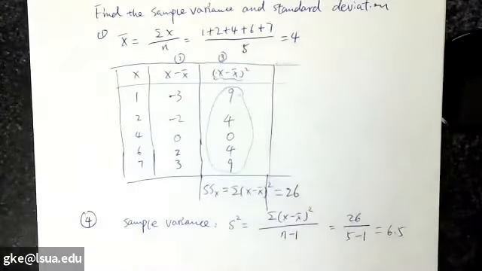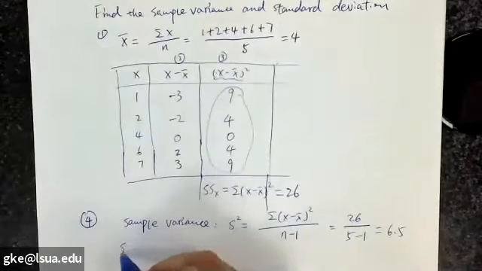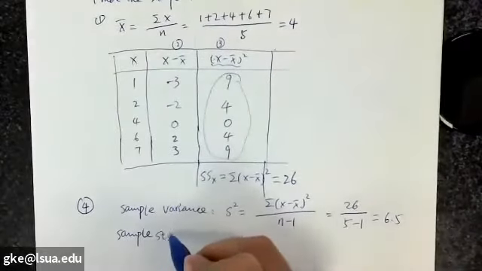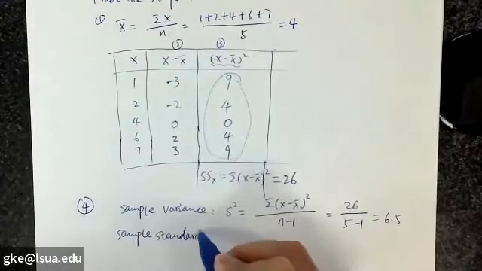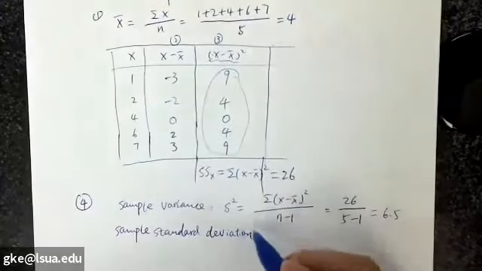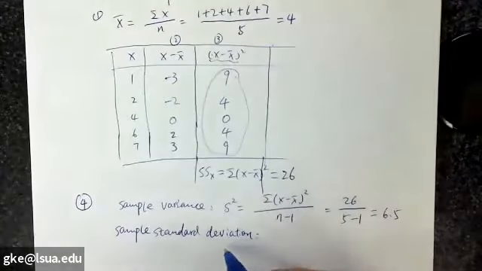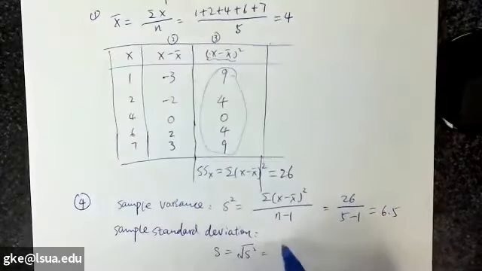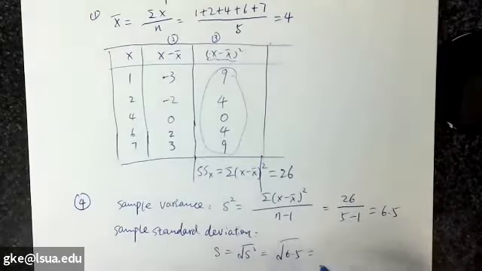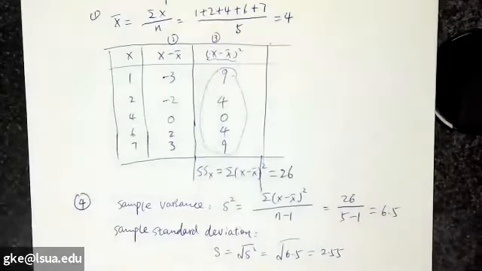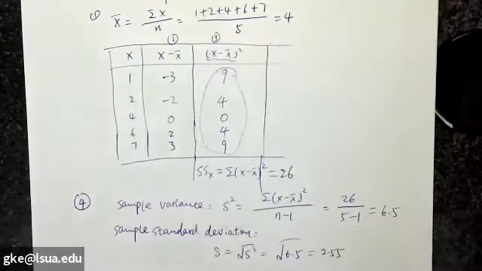And the sample standard deviation: S equals the square root of this value. We do the square root, and it gives you the answer 2.55.